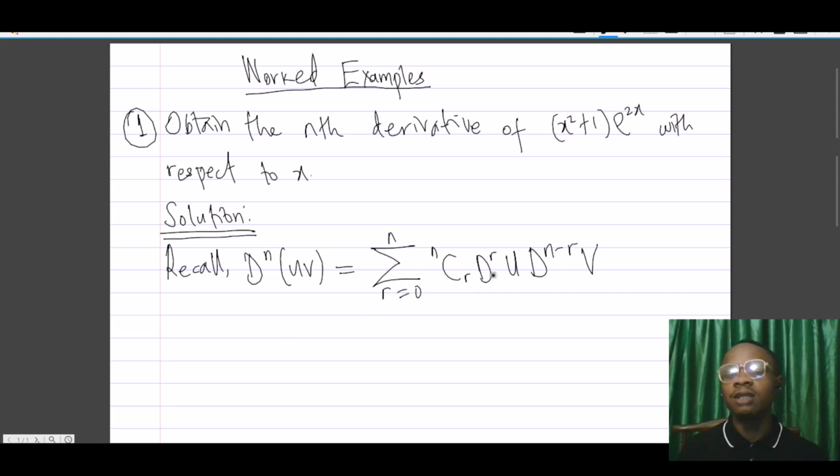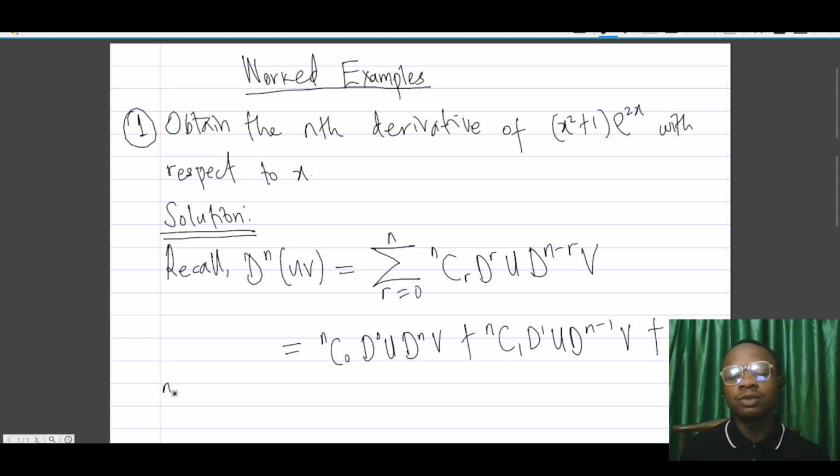So we know that by the time we expand this out, when r is equal to 0, we're going to have n combination 0, the 0th derivative of u, the nth derivative of v, plus n combination 1, that's when r is equal to 1, the first derivative of u, the (n minus 1)th derivative of v, plus when r equals 2, that will be n combination 2, the second derivative of u, and the (n minus 2)th derivative of v.